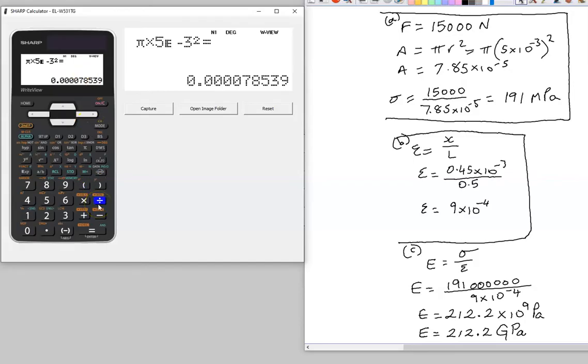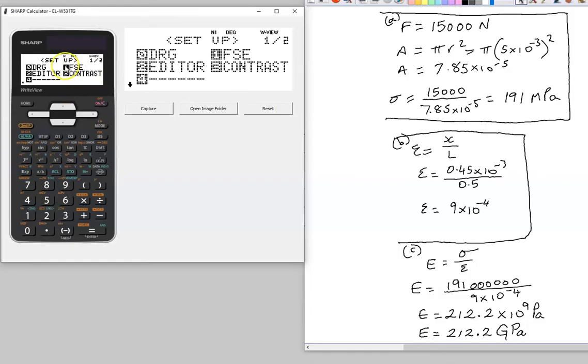Now on a Casio calculator we've got an ENG key to put it into engineering mode, but you don't have that on a Sharp calculator. But don't worry, if you go into setup, we've got this number here, and we don't actually like that format, we want to put it into engineering format. We go into setup, and here we've got our number formats, and settings so we can set it into degrees, radians, and so on.